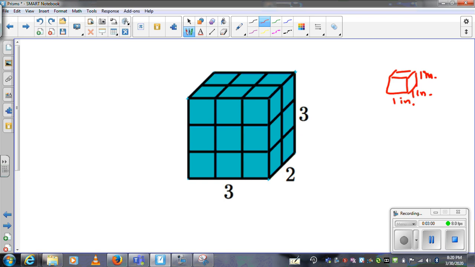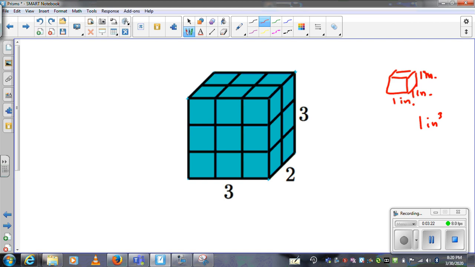And the volume of this would be 1 cubic inch. Or it could be a cubic foot, or it could be a cubic yard, or it could be a cubic mile, or a cubic meter, centimeters, whatever. Basically what you were doing is you were counting how many of those cubes it took to fill the object.